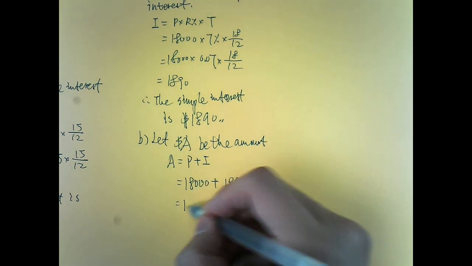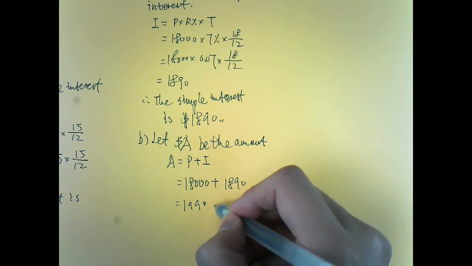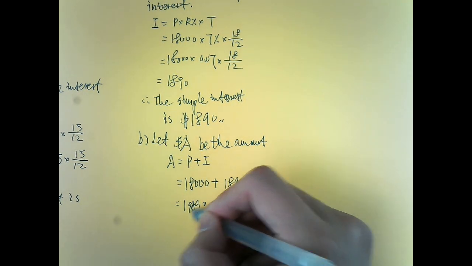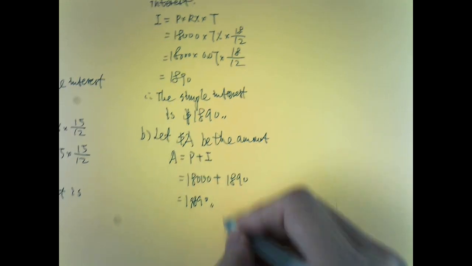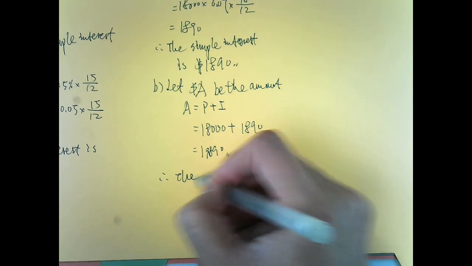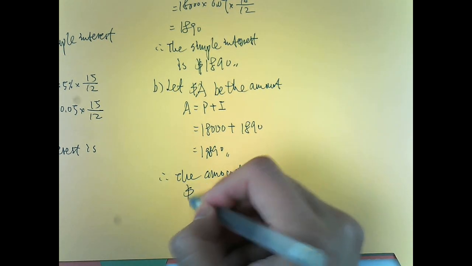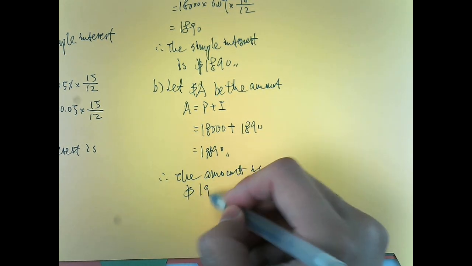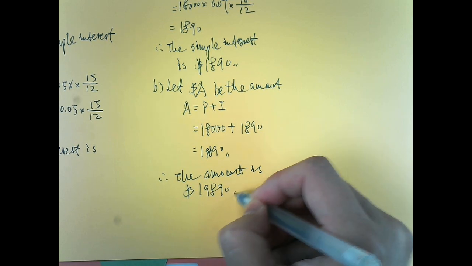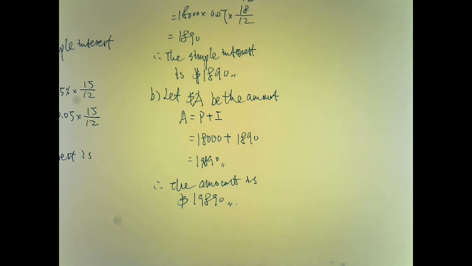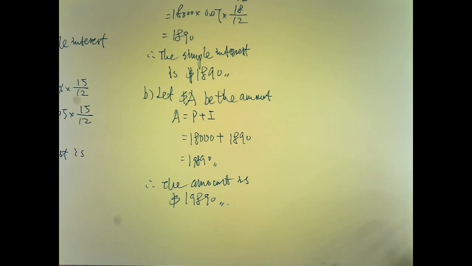Let me see, it should be 19,890. So the amount is 19,890. Understand? Is it okay? So let's keep going.